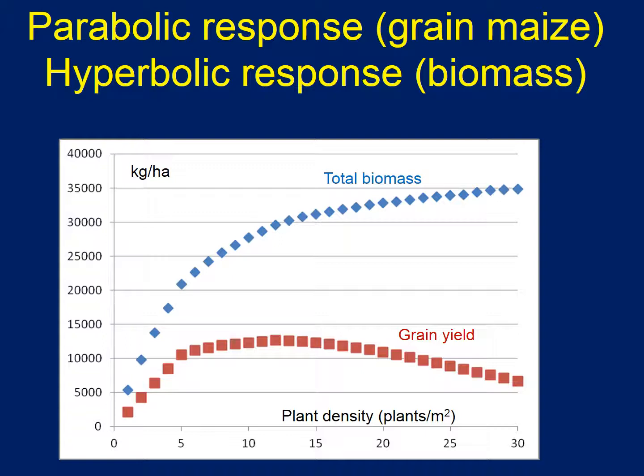Here we see an example of the response of total biomass or grain yield of maize to plant density. Total biomass usually will follow asymptotic hyperbolic responses. On the other hand, grain yield might lead to parabolic responses in many situations.